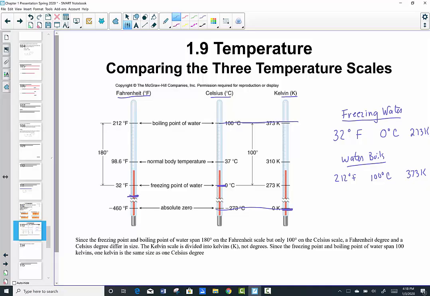Which one is the coldest of all? Well, I see the bottom there, of course, is 0 Kelvin. Then we hit 0 Fahrenheit. Then we would hit 0 Celsius. So there's the order in which we have the coldest. And then over here would be the warmest of those three.